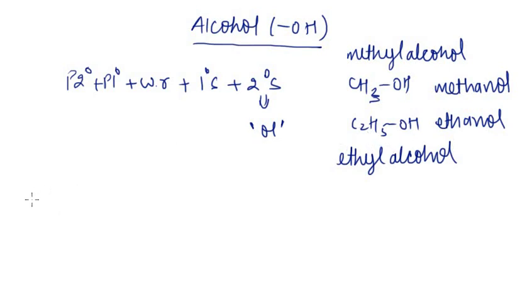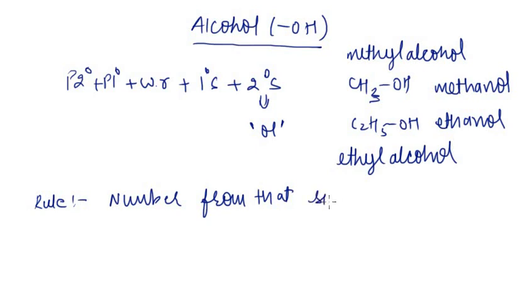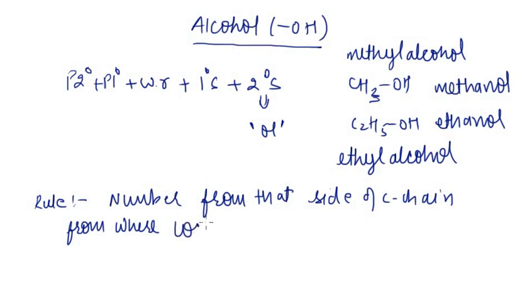So what is the rule over here? The rule is to number from that side of the carbon chain from where the locant gets the least count.